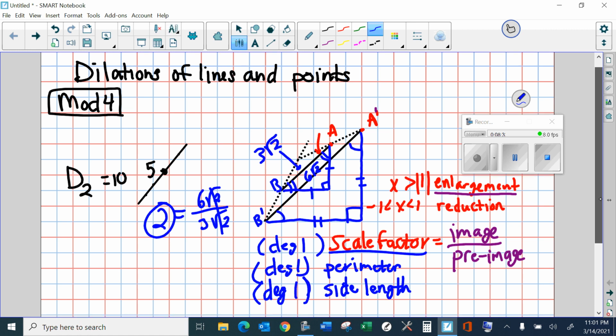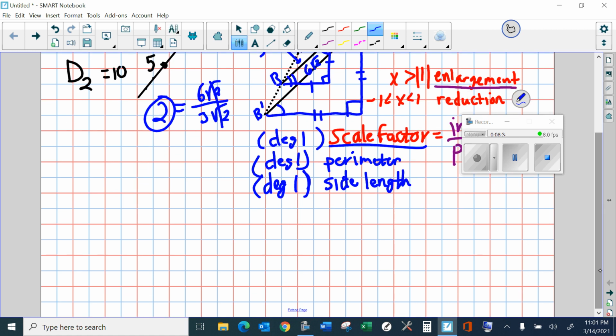All right, now let's talk about equations of lines. Let's say they give me this equation, 2y equals 4x minus 6. We want a dilation with scale factor 3 centered at the origin.